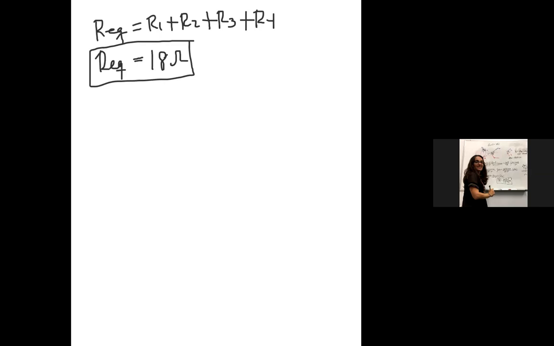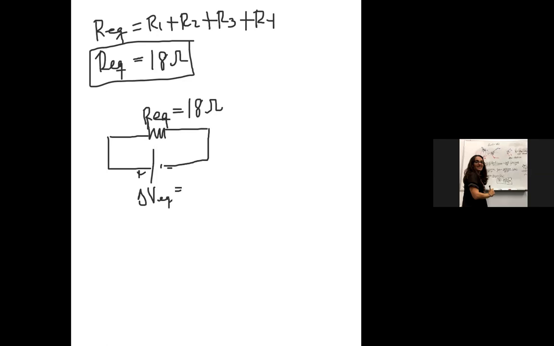Now that I have the equivalent resistance, each of these resistors behave like a single 18 ohm resistor. Now I can write my useful circuit. So now this is my equivalent, which is 18 ohms. And this, I can go ahead and call it my equivalent, was 6 volts. It hasn't changed.